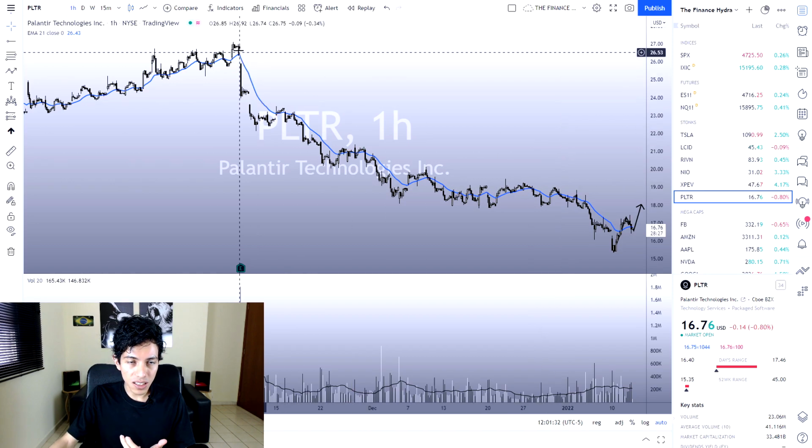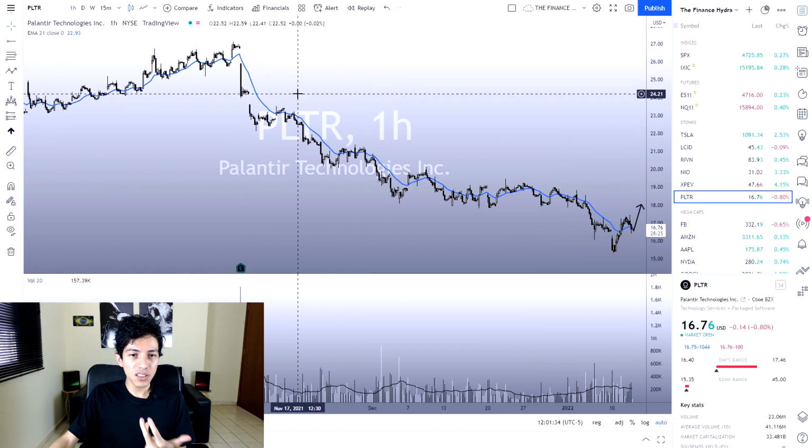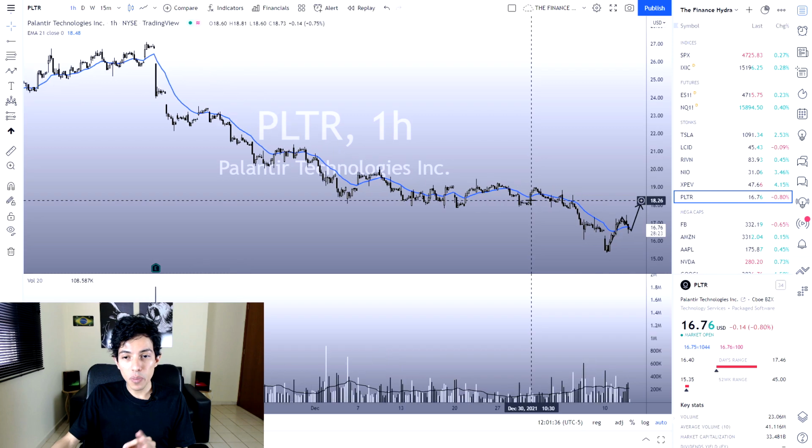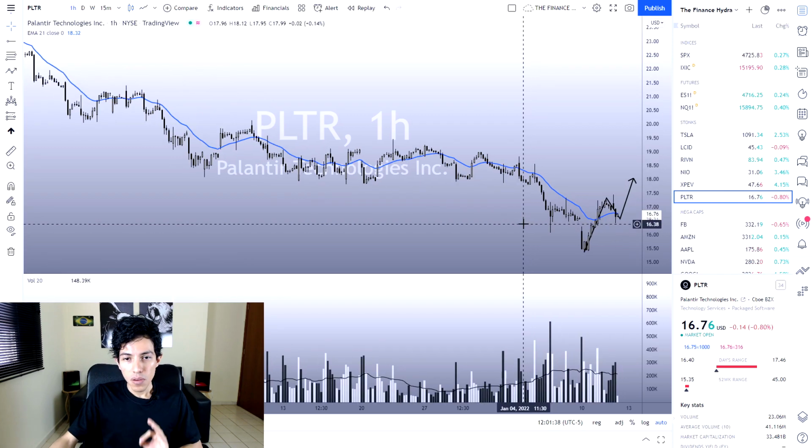Since it started its crushing drop, it's going to be the first truly bullish reversal sign on Palantir in months.